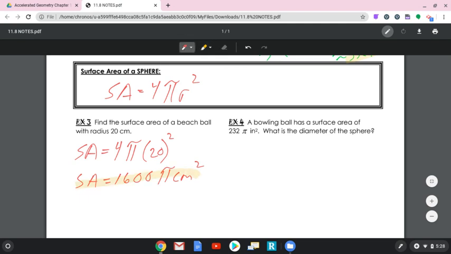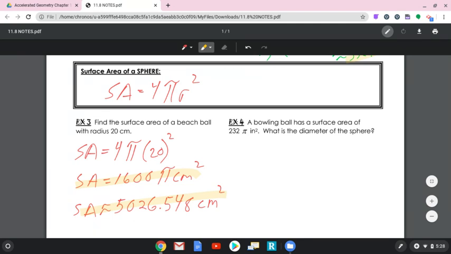If I said you could approximate it and round it, you would just multiply that 1,600 by pi, and you would get 5,026.548, again, centimeters squared. This would be a rounded estimation, as opposed to an exact answer. All right, guys? And that's a basic way to find the surface area of a beach ball.